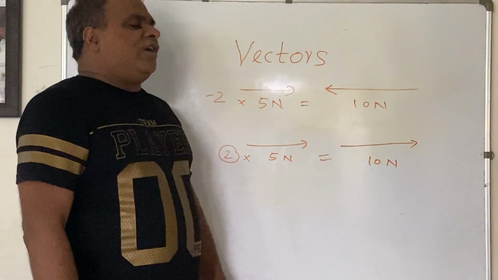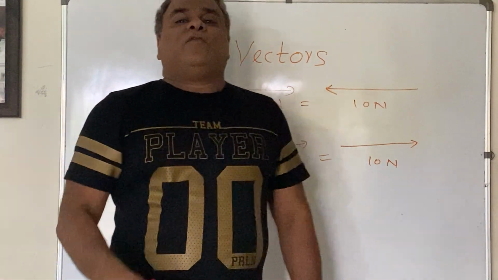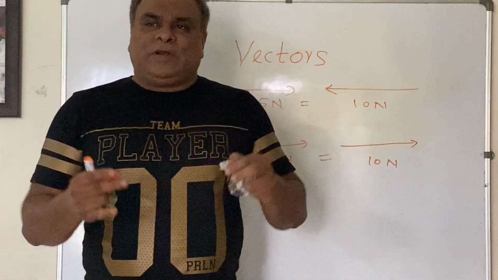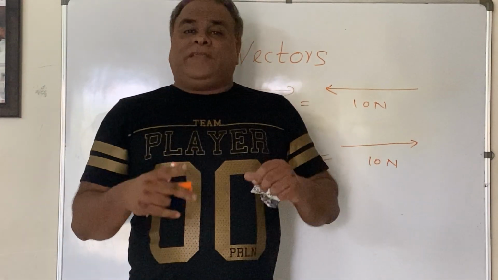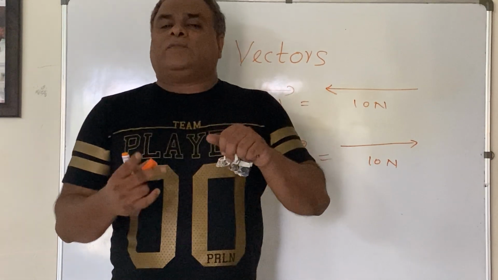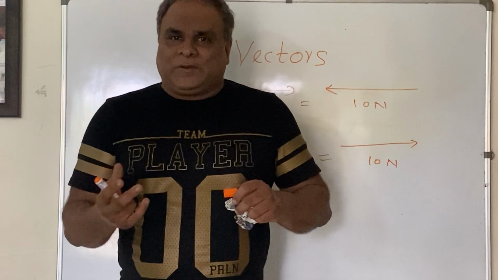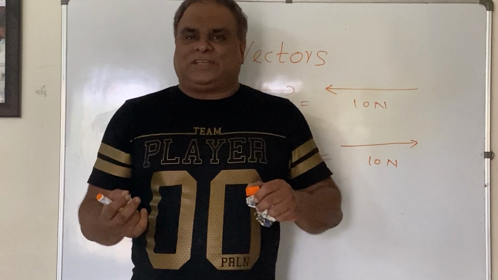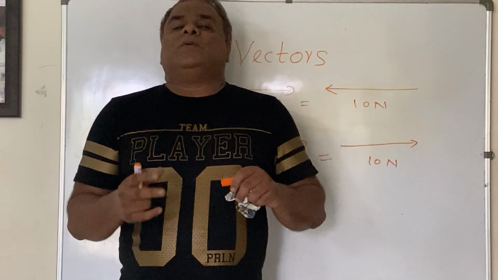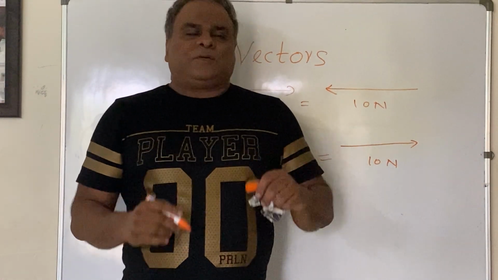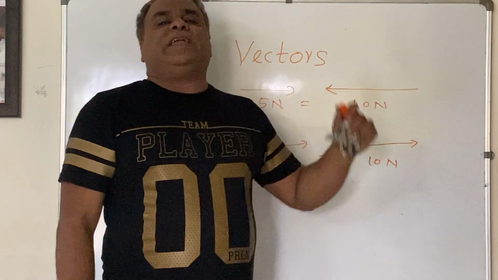This is the core concept you need to understand when you are multiplying with a scalar. The magnitude will be multiplied, but it depends on whether the number is positive or negative. If it is positive, the vector will have the same direction. If it is negative, the direction will be reversed. So this is multiplication of a vector by a scalar.